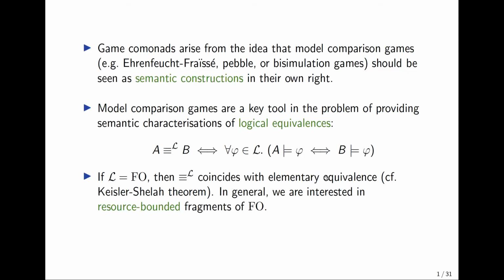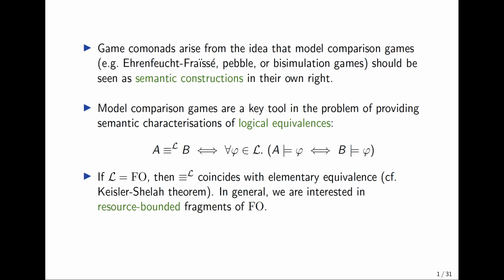Right, so the idea behind game comonads is that model comparison games in model theory should be seen as semantic constructions in their own right. So these are typically two-player games, that's Spoiler and Duplicator. And Spoiler is trying to show that two structures are different, and Duplicator is trying to show that they're similar.